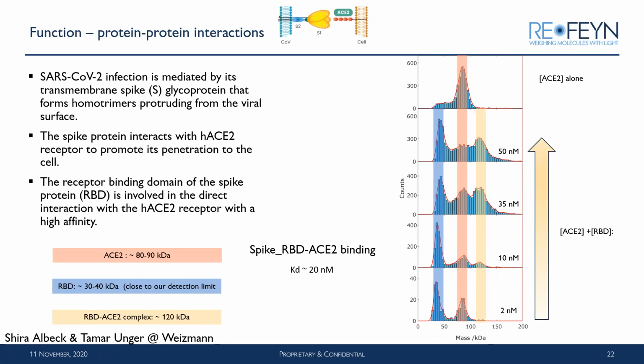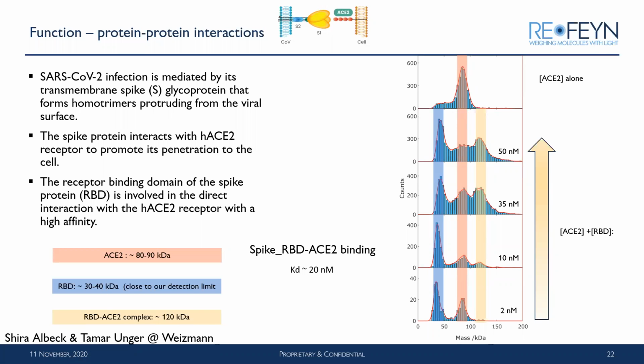What we did here was measured with mass photometry, together with Shira and Tamar from the Weizmann Institute. We measured the ACE molecule alone, which is approximately between 80 and 90 kilodalton.